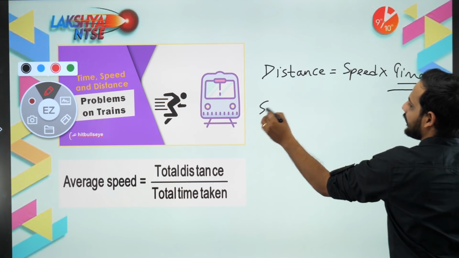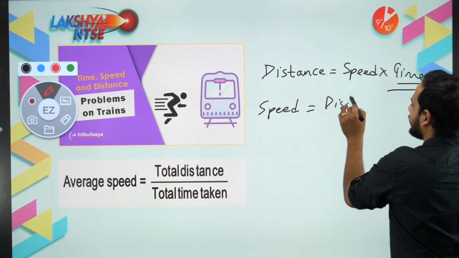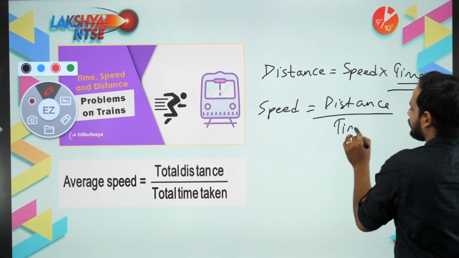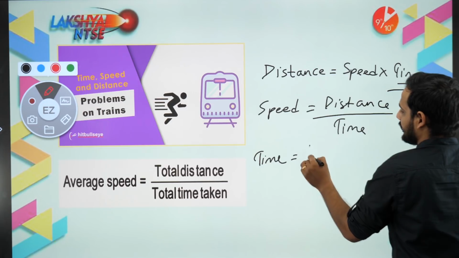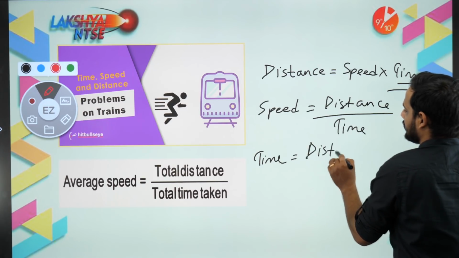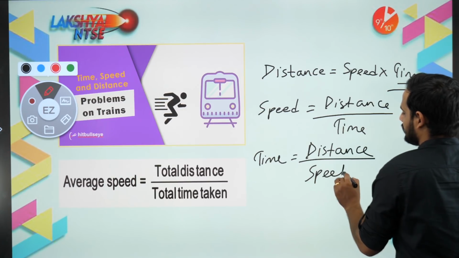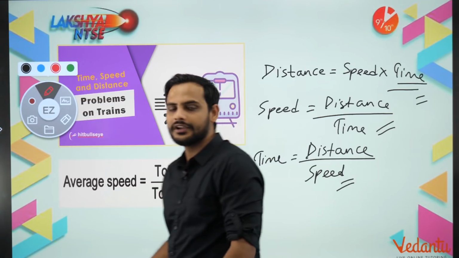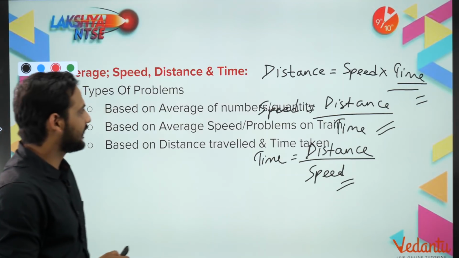So from here you can get your speed as distance upon time, correct? Time shifted there will go in division, and your time you can get as distance upon speed, correct? So these are your three important formulas in this whole topic, right? So let's move ahead now.